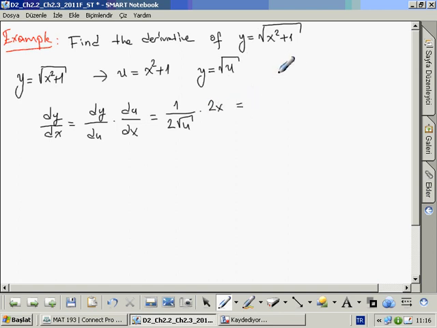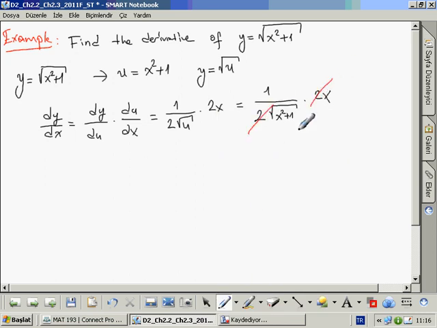When you put the u value back in, you will obtain 1 over 2 times square root of x squared plus 1, times 2x.